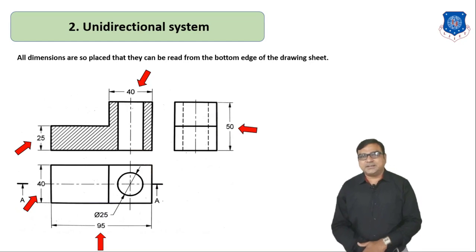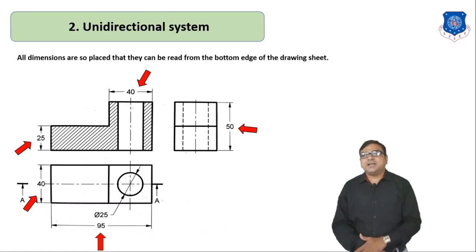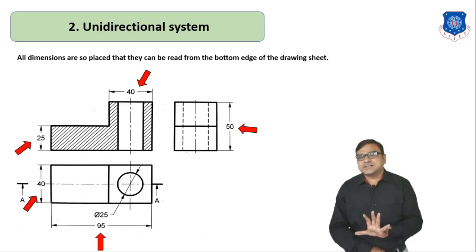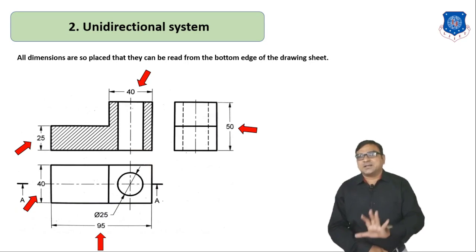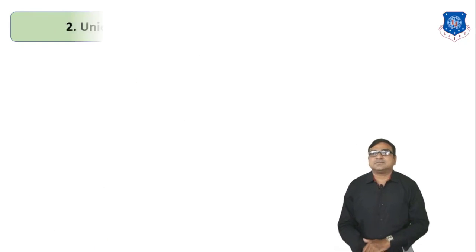And the remaining 3 dimensions, which represent the height of the object, also have numerical values that are always vertical. So in the unidirectional system, all the dimensions are placed so that you can read from one direction only, all vertical.